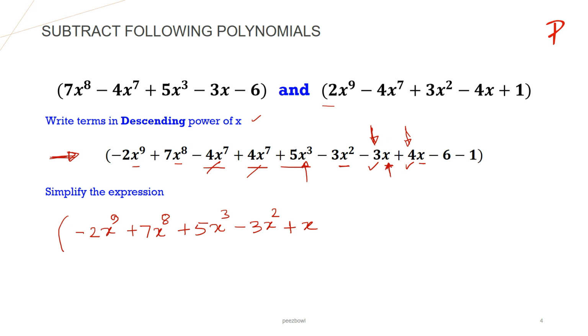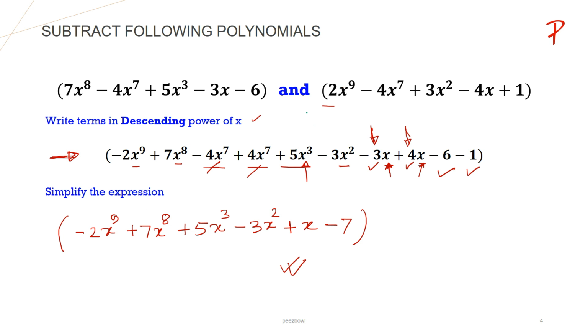And the variable, that is x, in this case will remain as it is. So we have kept x as it is, and then in the coefficients minus 3 plus 4 we added, and the result is plus 1. Minus 3 plus 4 is plus 1. That's why we have plus x, right? And at last we have minus 6 minus 1, that is minus 7. Okay, so this is what we get after subtracting these two polynomials, right?